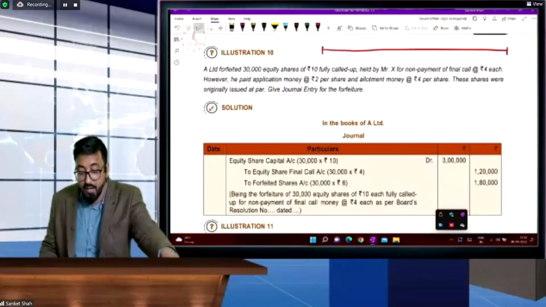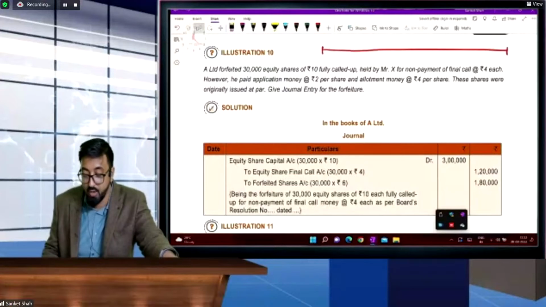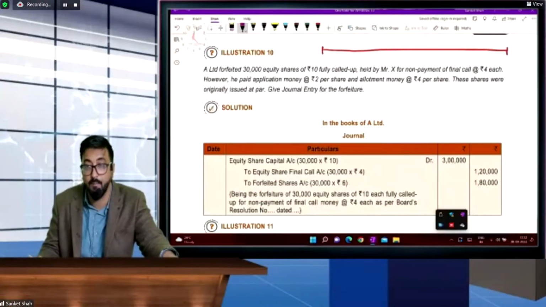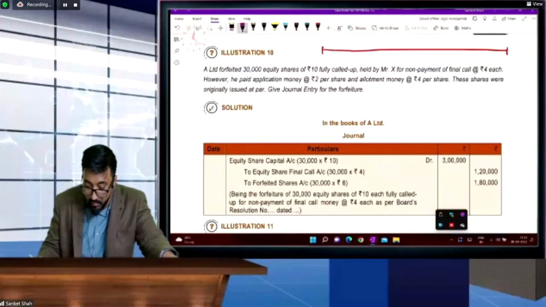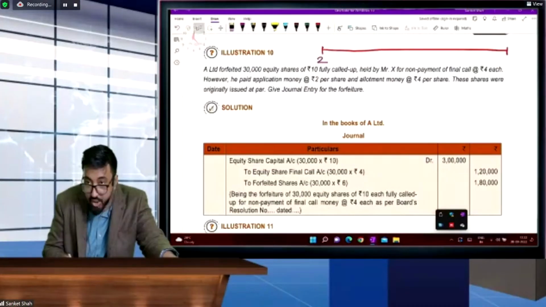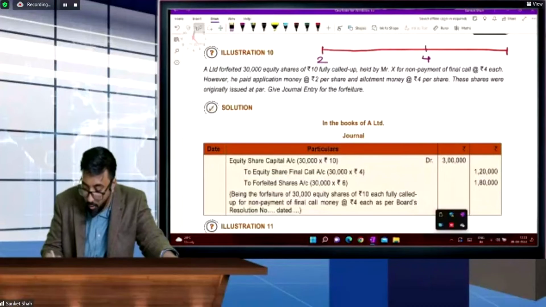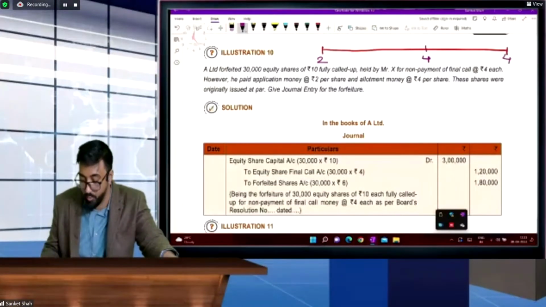A Limited forfeited 30,000 equity shares of rupees 10 each, fully called up. He paid application money 2 rupees, allotment money 4, and first call 4 rupees.